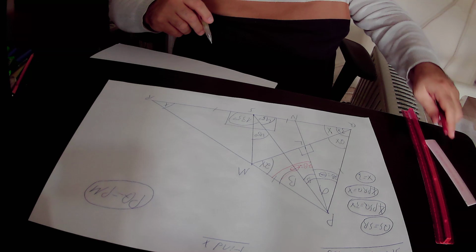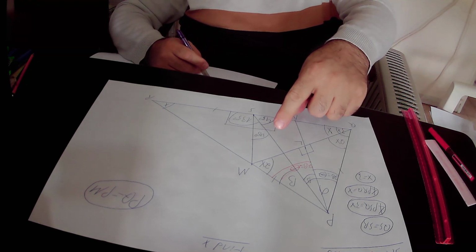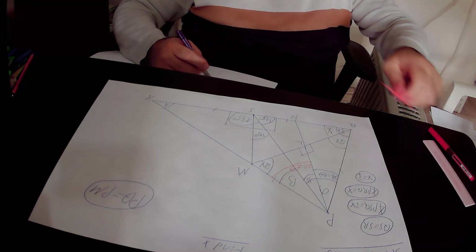In the next step, we will prove that triangle NPS is congruent to triangle SPM. So I will draw again the two triangles and we will prove that they can go into each other.